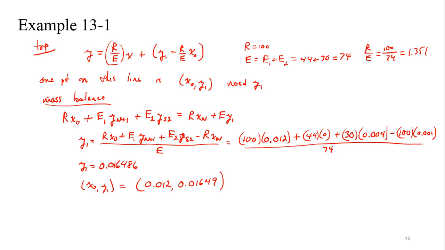Let me ask you a question. Would there be another way of locating a point for this top operating line based upon the information that we're given in this problem? Can you plug in the side feed into the bottom operating line, and that's where the top would intersect it?